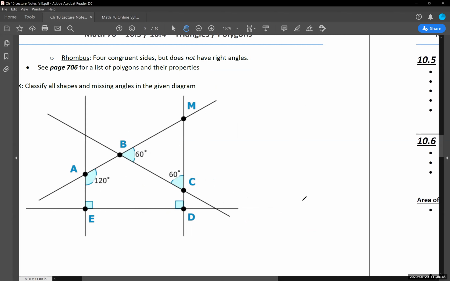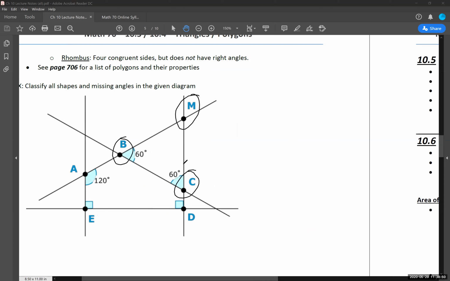So I have a shape that's made out of points B, M, C. This would be classified as a triangle. The way we display that for ourselves, we would write out triangle BMC.